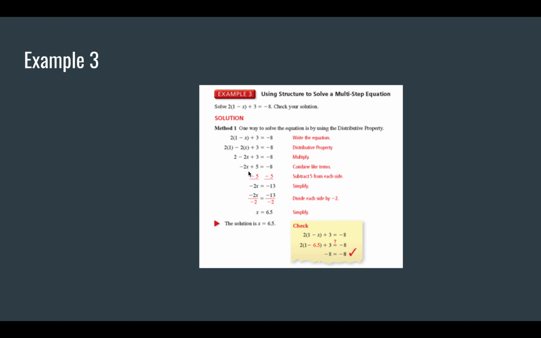Combine the like terms, as I said in the previous slide. Subtract 5 from each side to isolate the variable. Simplify. Divide each side by 2 to get the answer. And this time the answer is a decimal, 6.5, but that's okay. And then here's the check, and it works out.